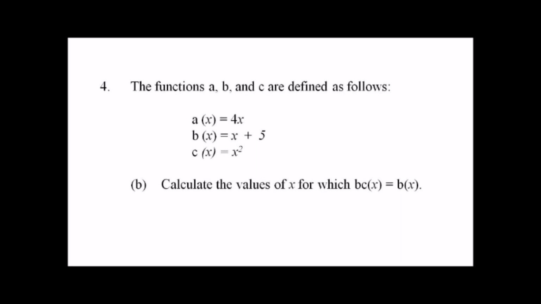Okay, moving right along to 4b, same functions a, b, and c. Calculate the values of x for which bc(x) is equal to b(x). So a composite function at the front, bc(x). So go to c(x) and you get x². Then put that into b(x), where you see x, you put x².